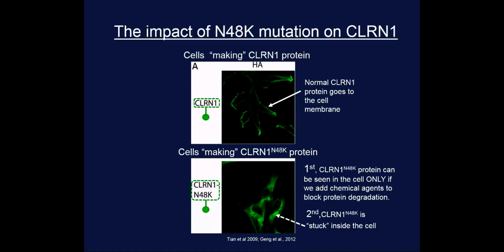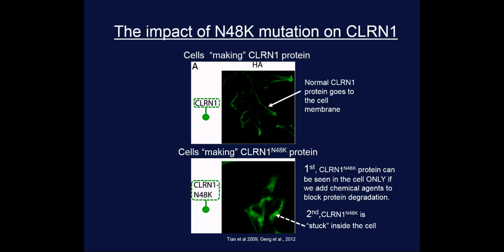In this slide, I'm showing in vitro studies to understand why Clrn1 N48K is dysfunctional. The top panel shows cells that express normal Clrn1 protein fused to a reporter, a GFP protein.